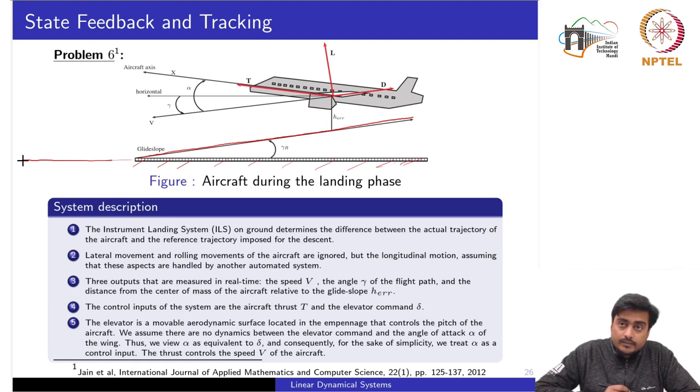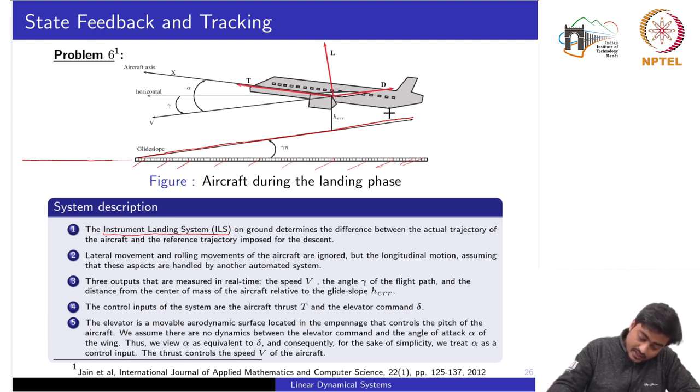go onto the runway. Right. Now, in practical setups, we generally have the instrument landing system, what we also call the ILS, on the ground, which basically determines the difference between the actual trajectory of the aircraft and the reference trajectory imposed for the descent.